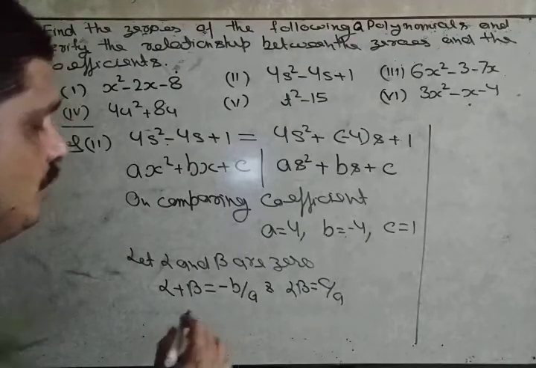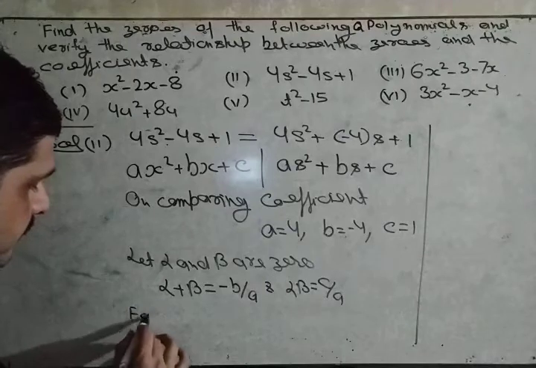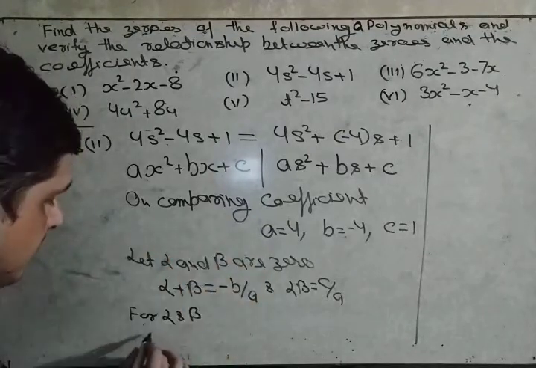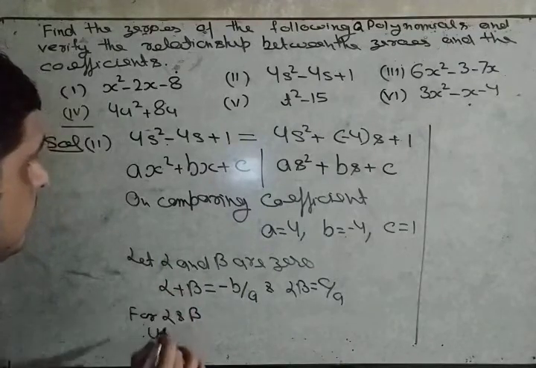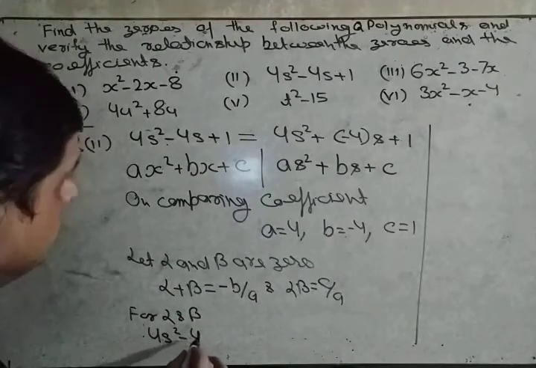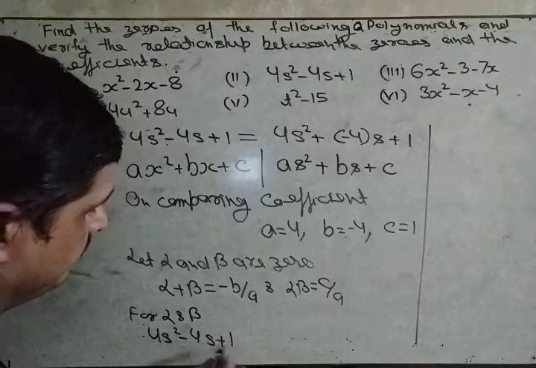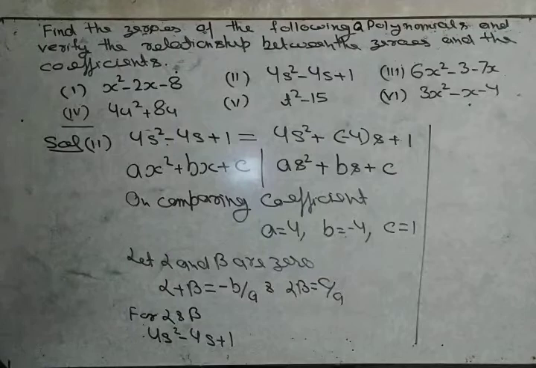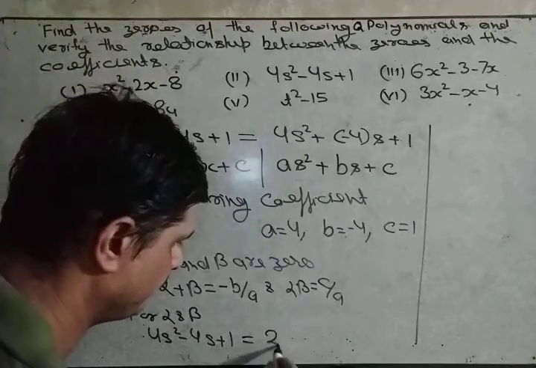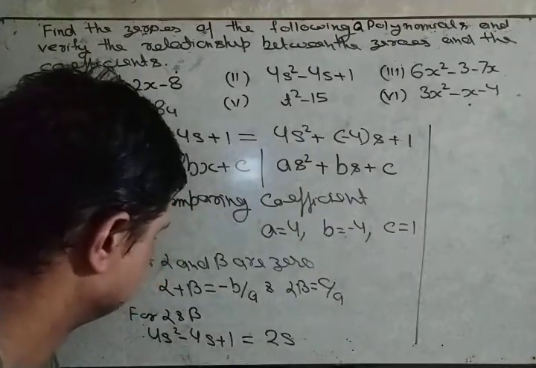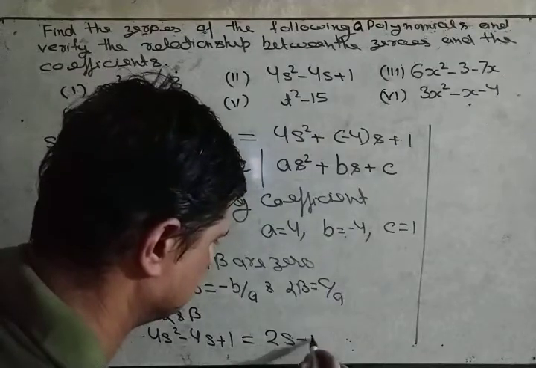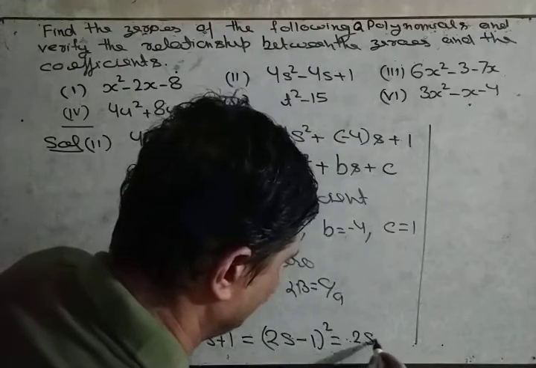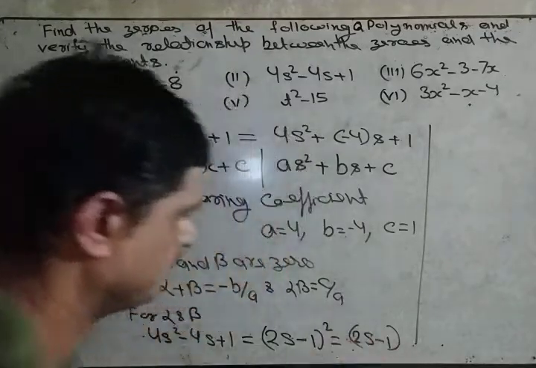So for alpha beta, we know which equation this is. This is of the form 2s minus 1 whole square, and this can be written as 2s minus 1.